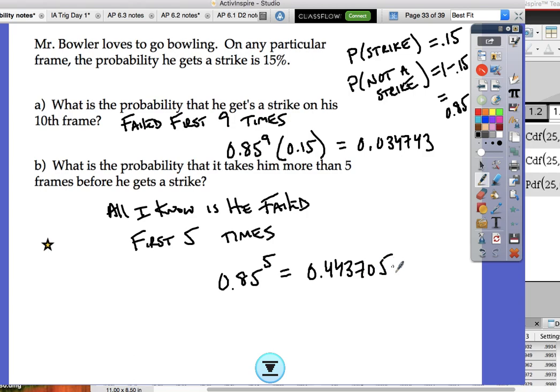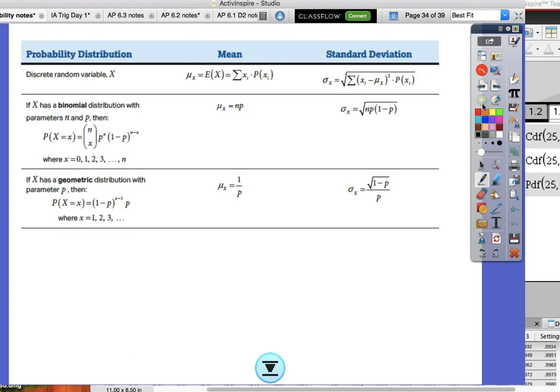Again, we don't know when the success happened. We just know that he failed the first 5 times. So that's geometric in a nutshell. Here are the formulas, how they appear on the formula sheet. You want to find these, or again, copy them down. That is it for binomial and geometric.